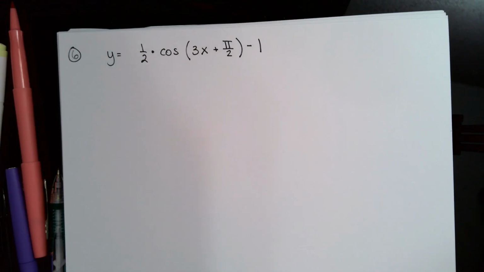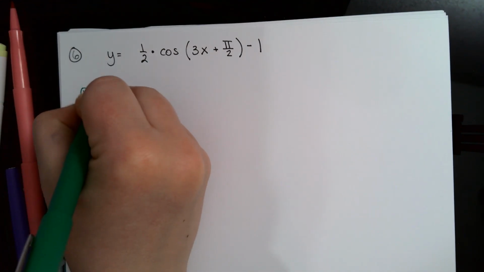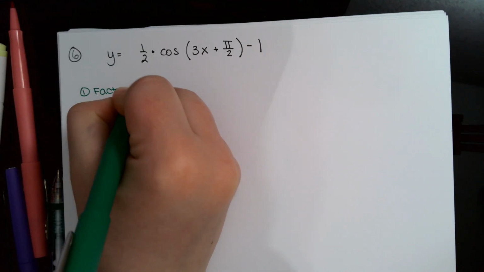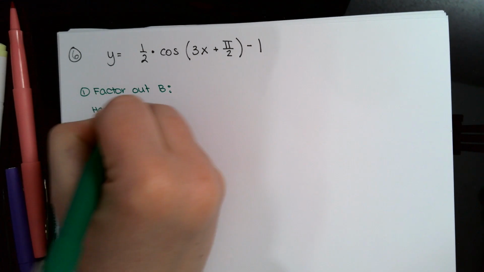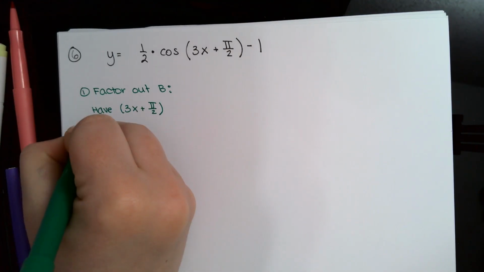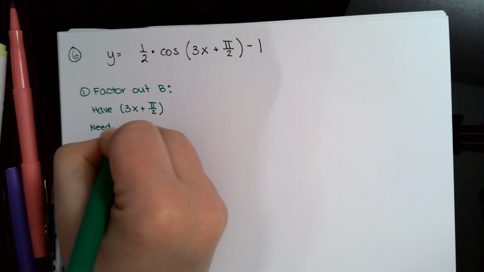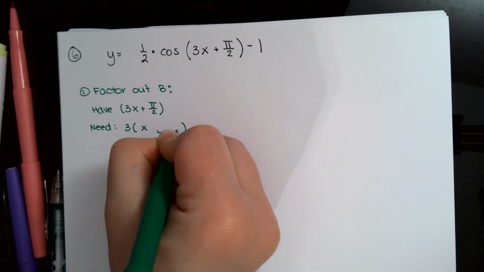Okay, let's go ahead. You can identify things now or you can wait. I'm going to factor out your b value. So what we have is 3x plus pi halves. And what I need is to bring that 3 out and find what that value is here.